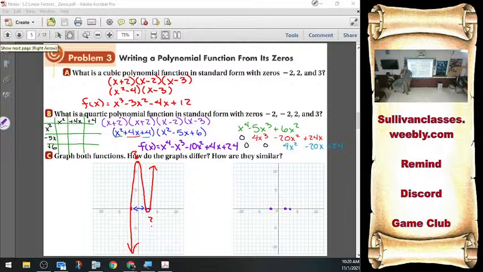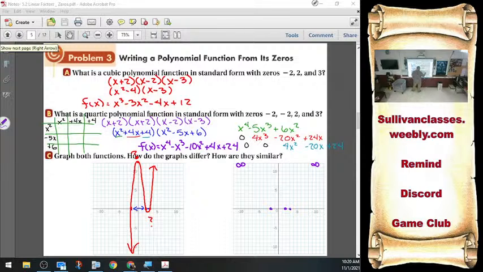That's why we got them. A positive even will start up at positive infinity and it will end at positive infinity. Okay. It has a y-intercept way up at 24.